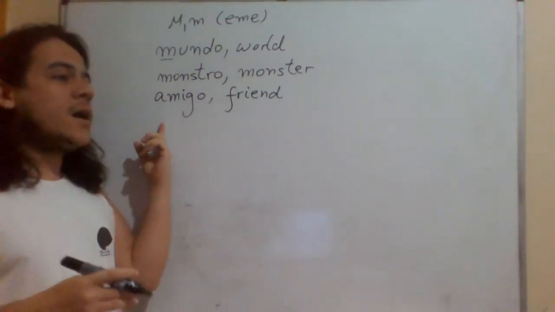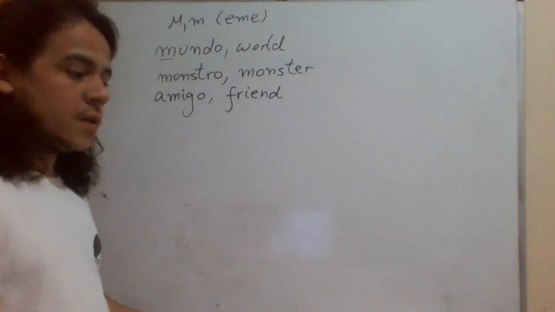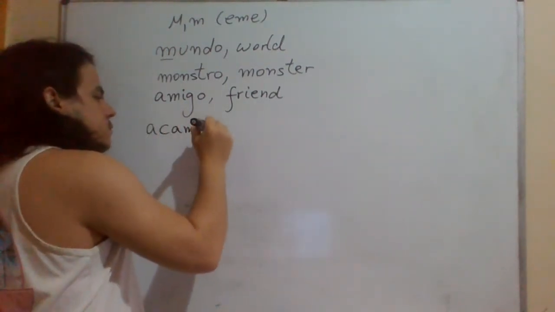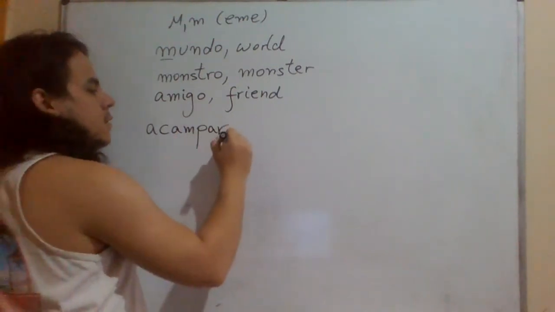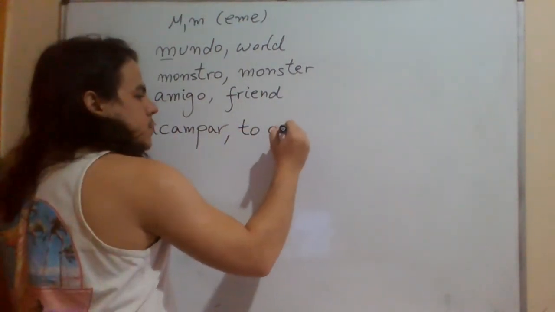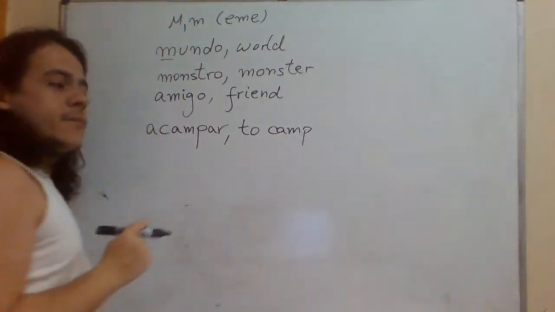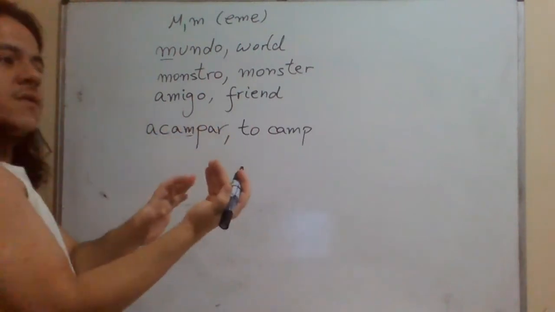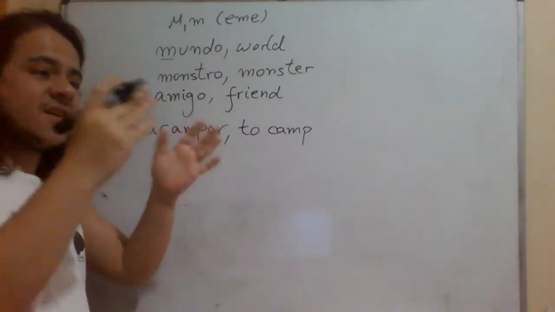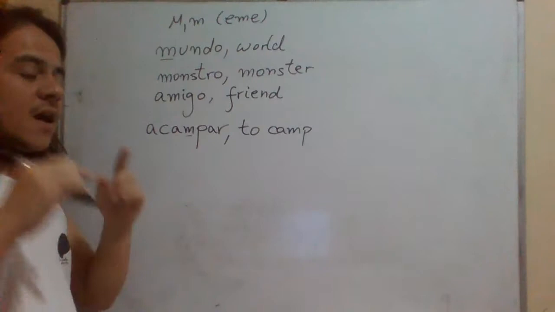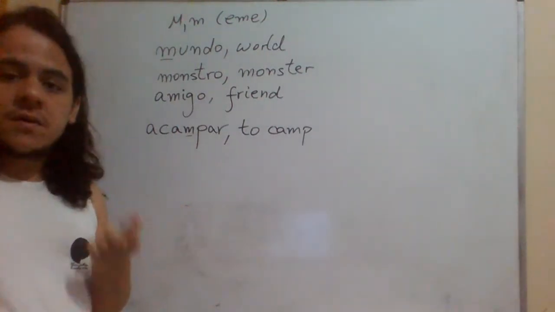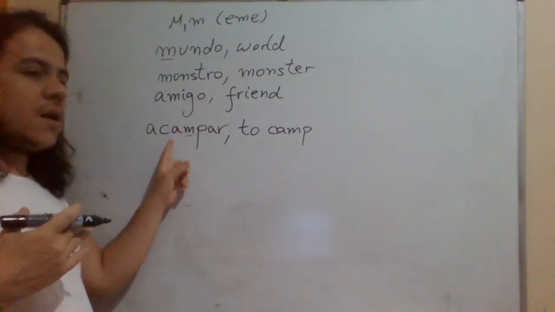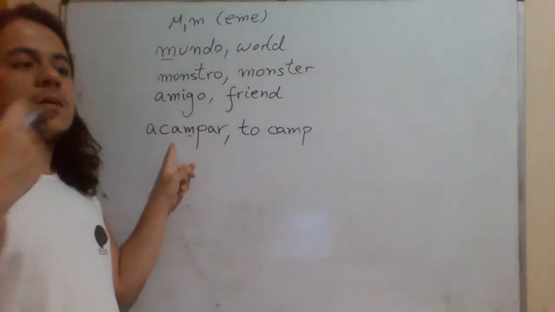And when letter M comes at the end of a syllable, for example, acampar, it's a verb, to camp. Acampar, here letter M at the end of a syllable. It has the nasal sound, and this nasal sound starts in the vowel that comes before.